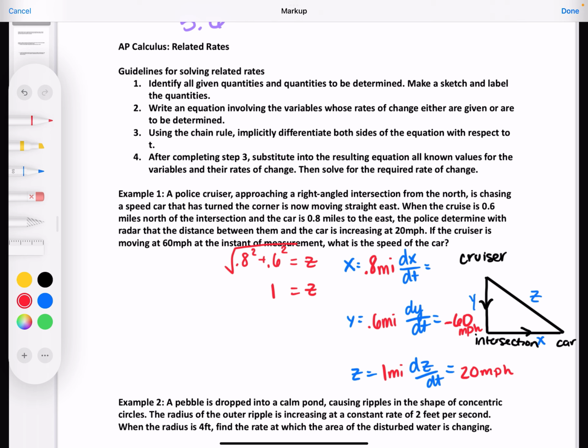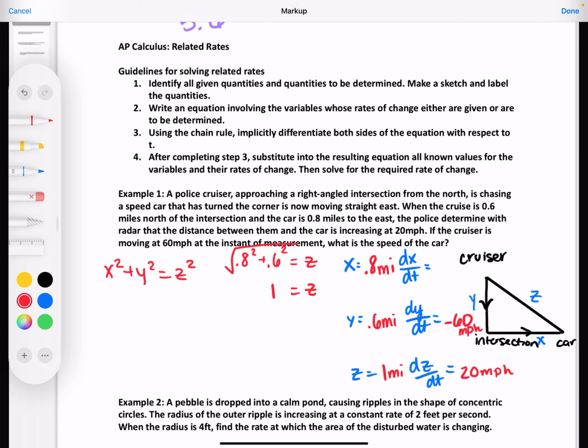Okay, so now we get to use the calculus to solve this stuff. The formula that we know works is the Pythagorean theorem. So x squared plus y squared equals z squared. Then we're taking the derivative implicitly, so for x, it's gonna be 2x dx dt, because we're taking the derivative with respect to t for everything.